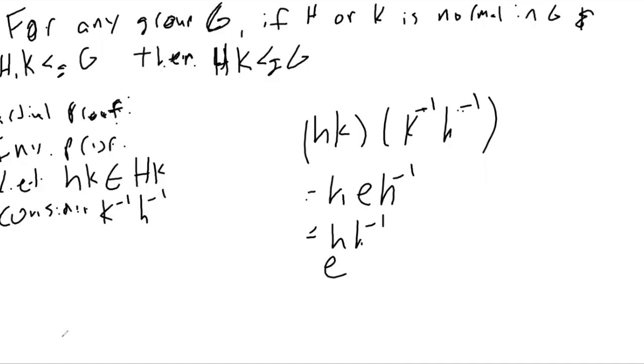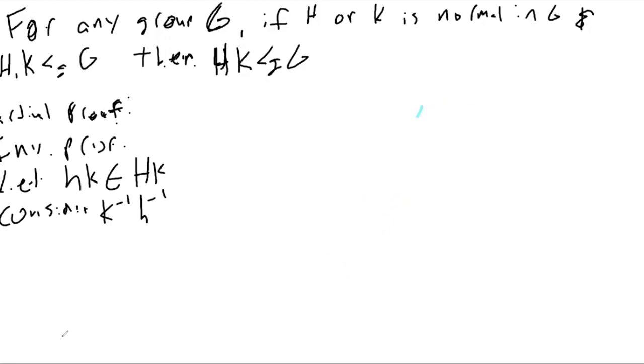Because if we had this order that I originally had by accident, if we had h, k, and h inverse, k inverse, we don't necessarily know that these commute, so we don't know that order doesn't matter.